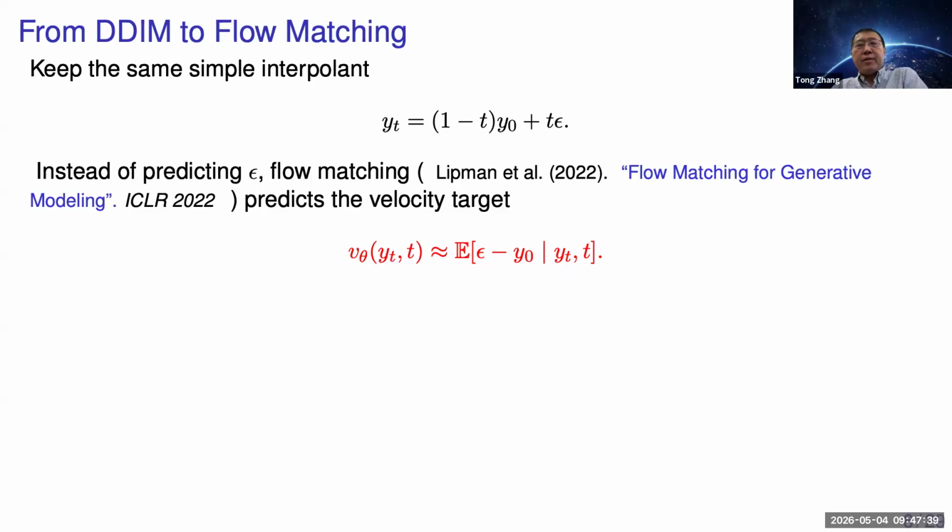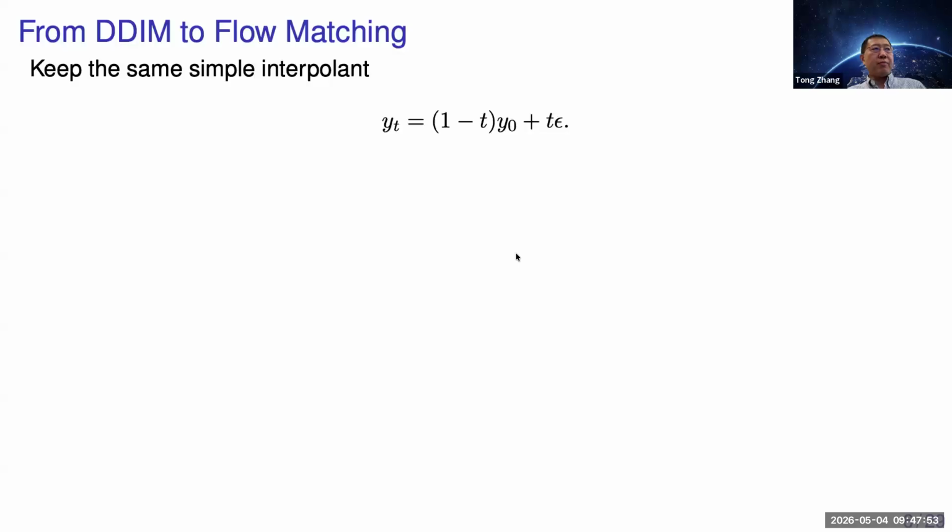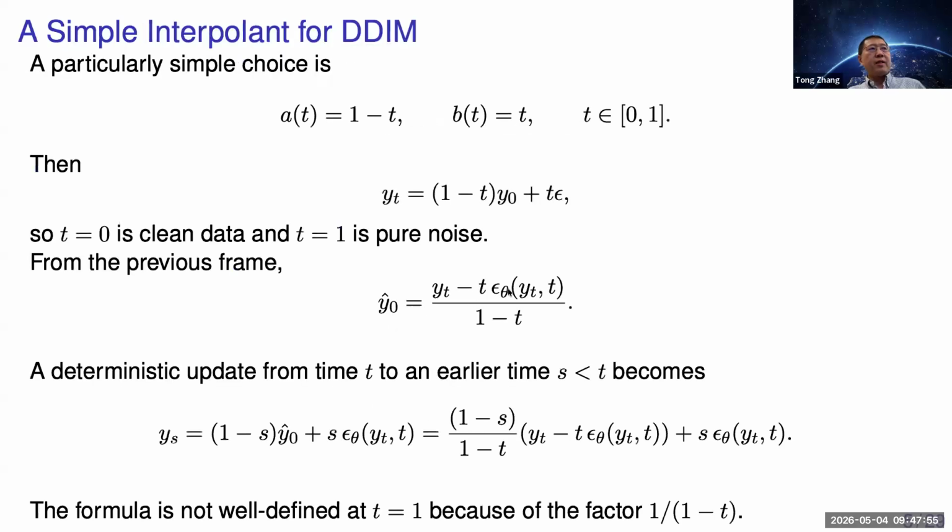Epsilon minus y0, if you think about that, because when we predict epsilon we use that to get y0. So there's a relationship between y, epsilon and y0 based on this formula, right? But there is a good benefit about epsilon minus y0. You will see what eventually happens.